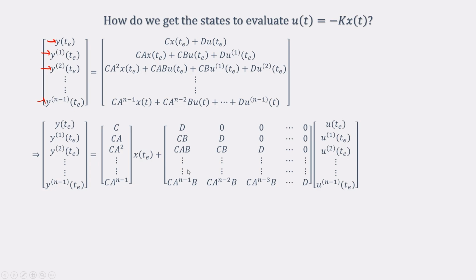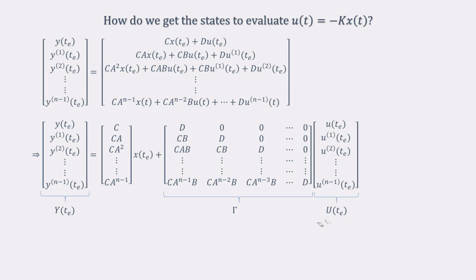Now, notice this matrix equation can be rewritten in this form, because I can take together the matrices which are acting as coefficients of x of t. The left hand side I am calling y t e, this matrix I am calling gamma, this is u t.